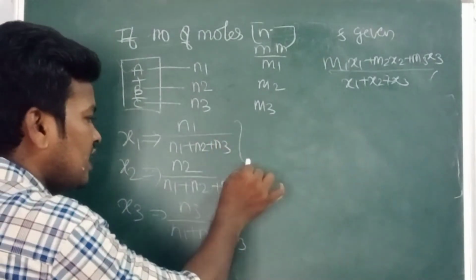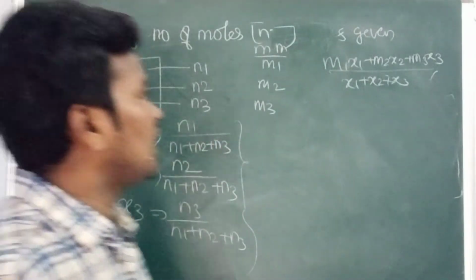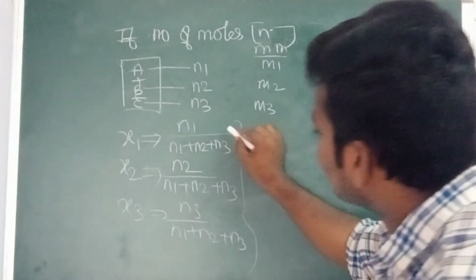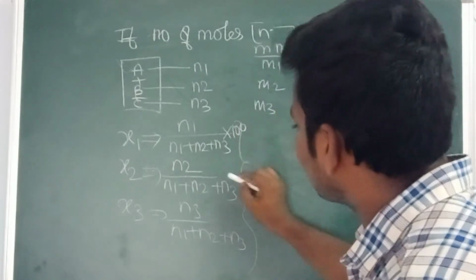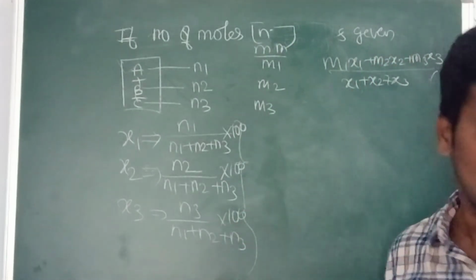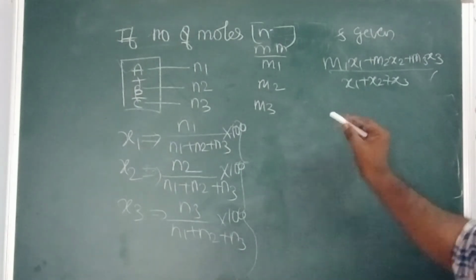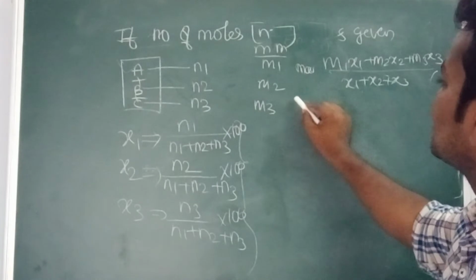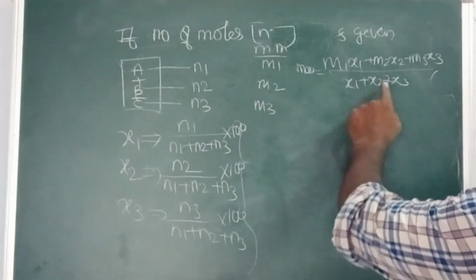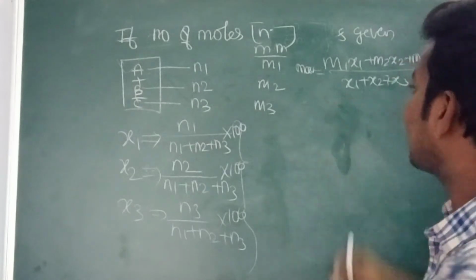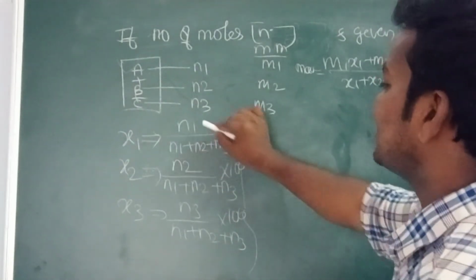So now I have got X1, X2 and X3. But here they are talking about percentage, no? Just take it as 100. Now M average, this is the formula. M average is equal to M1 into X1, M2, just now from the first formula. But I know X1 is equal to N1 by N1 plus N2 plus N3.